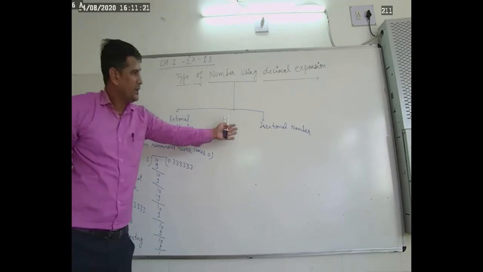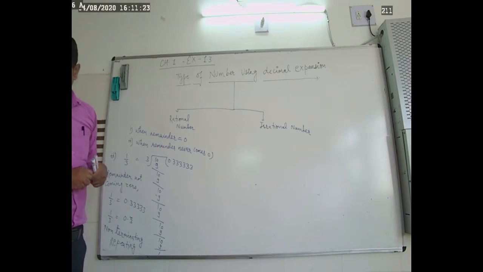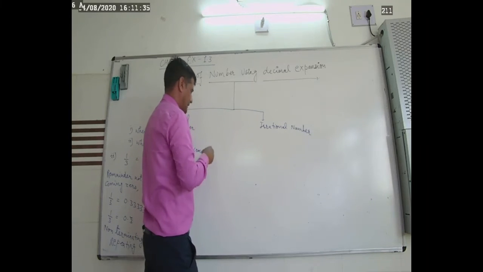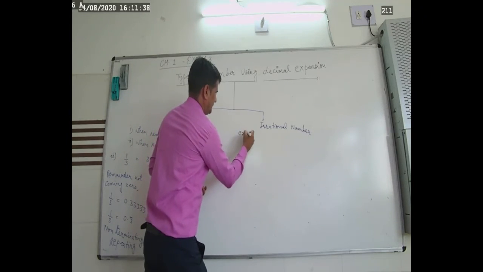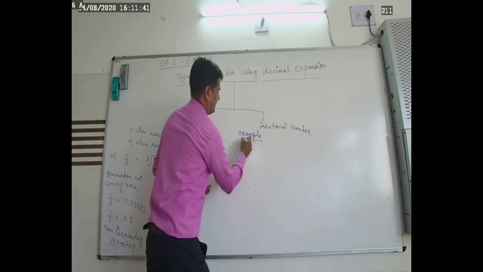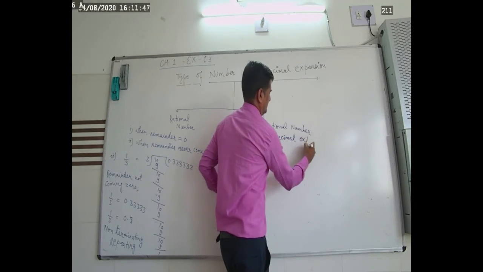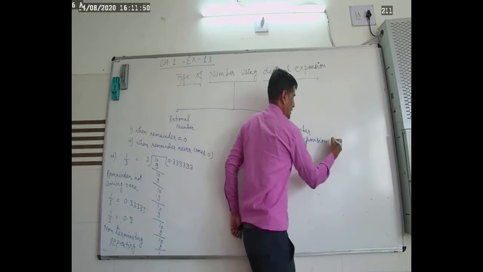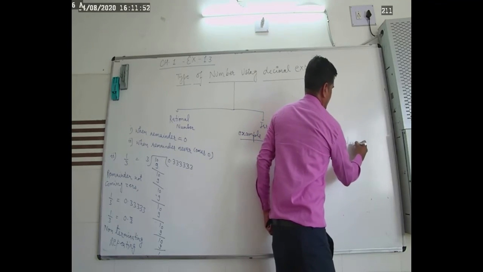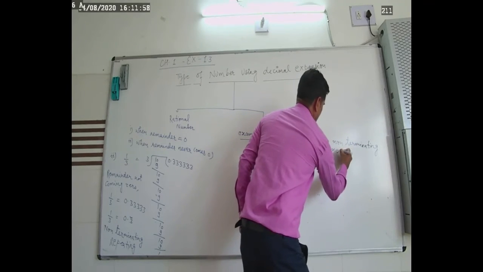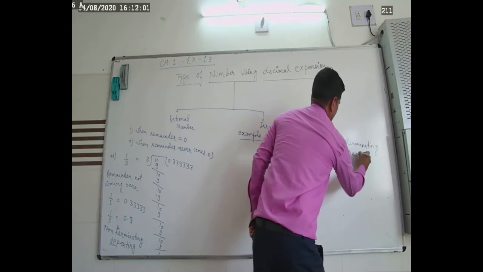Now we have to talk about irrational numbers. What about irrational numbers? Clear everybody? For irrational numbers I will take one more example. Here the decimal expansion is non-terminating and non-recurring.